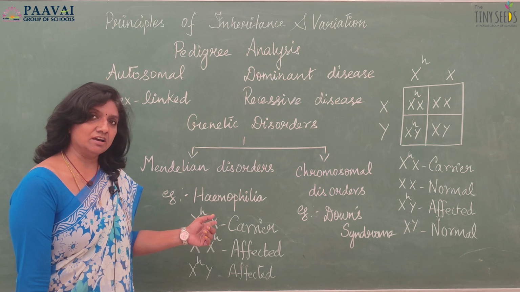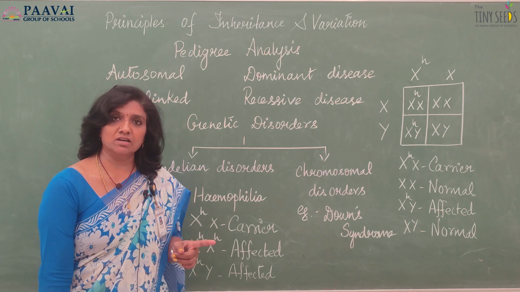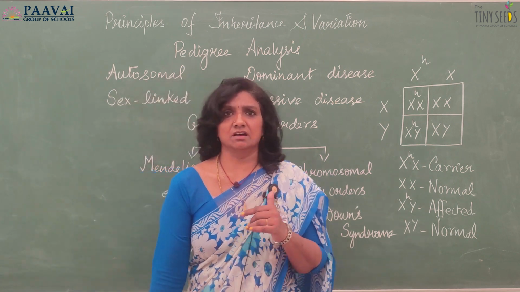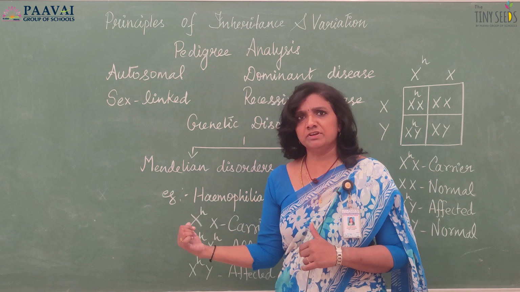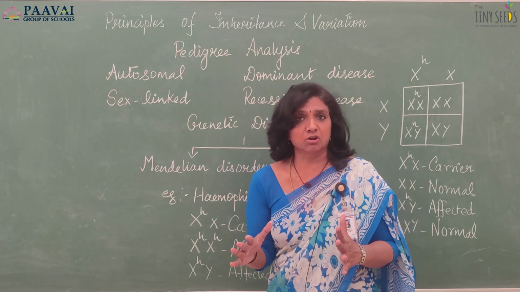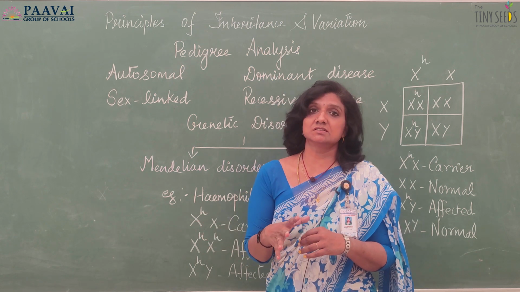So hemophilia is a Mendelian disorder and it is also called bleeder's disease, because if the particular person is affected due to hemophilia, if he get hurt, the blood will not clot. It will continuously bleed. So it is called bleeder's disease.